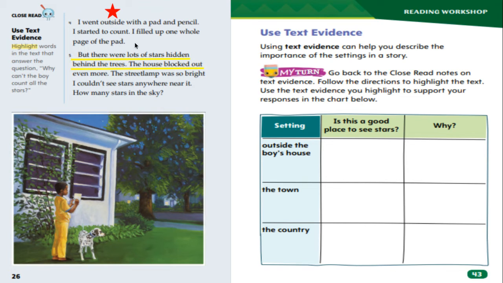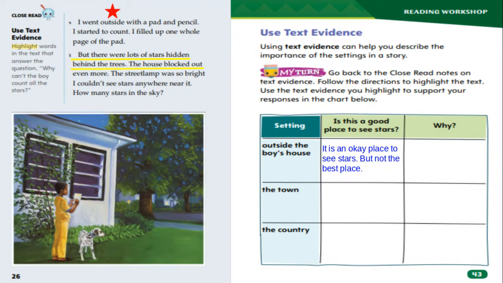And then for this part, we've also highlighted why it was important part of the setting. So for this part, I would write for the response to this question, is this a good place to see stars? I would write, it's an okay place to see stars, but not the best place.